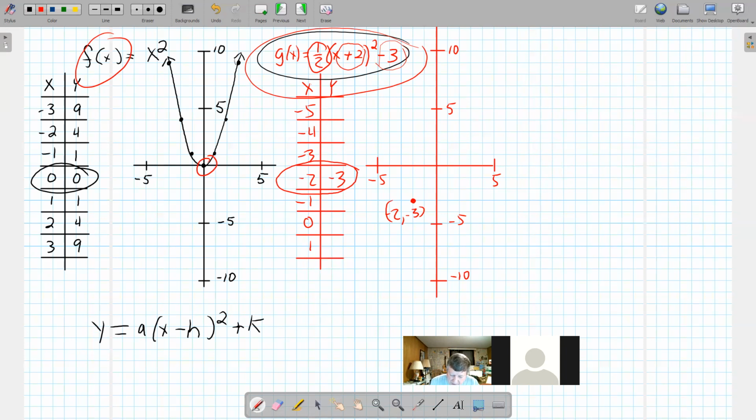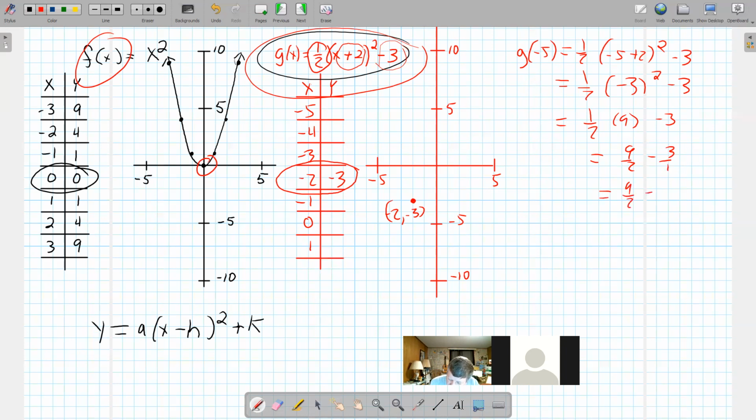If x is -5, g of -5 is 1/2 times -5 plus 2 the quantity squared minus 3, which is 1/2 times -3 the quantity squared minus 3, which is 1/2 times 9 minus 3, which is 9/2 minus 3 over 1, which is 9/2 minus, I'm going to multiply by 2 over 2, 6/2, which is 3/2. Okay? Any questions about that calculation and how I did it?